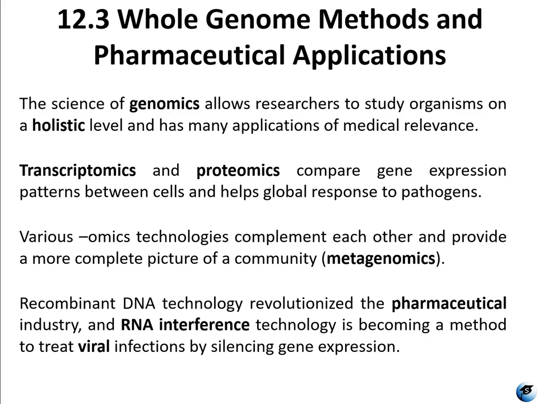It's just an amazing field of science that I couldn't possibly go into all the applications here. These things complement each other, so you can look at genomics and proteomics and transcriptomics and all of these omics, and it ends up being basically a new science called metagenomics.